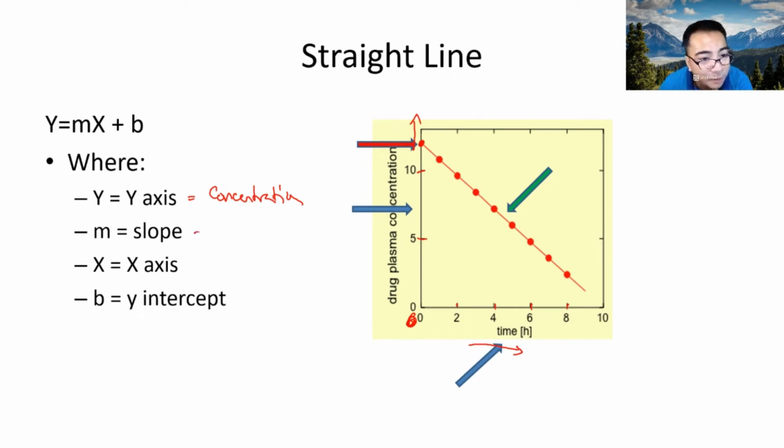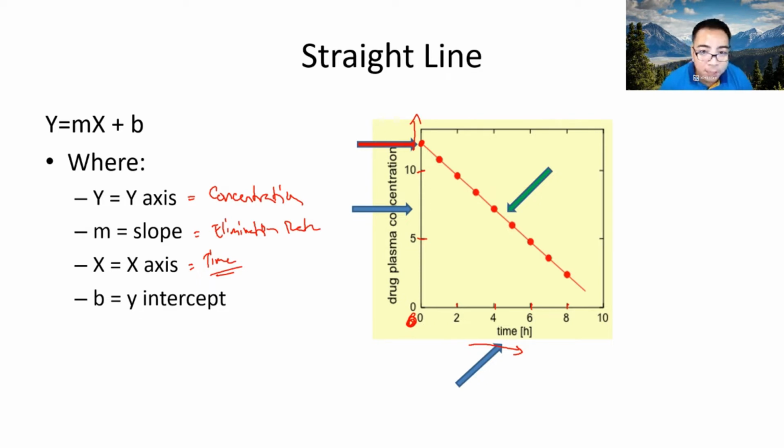M here would be the elimination rate, because as we've said, class, how fast a drug is being eliminated depends on the steepness of the line it creates. The more steep, the faster it's going to be eliminated. The less steep, then the lesser it is being eliminated. X here would refer to time. So, usually written in hours, pwede minutes, days, depende.